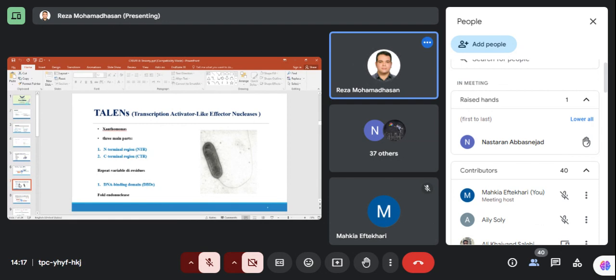The system contains 3 main parts: the N-terminal region, the C-terminal region, that create two different repeat variable diresidues, and also the DNA binding region, which is the core of the system.